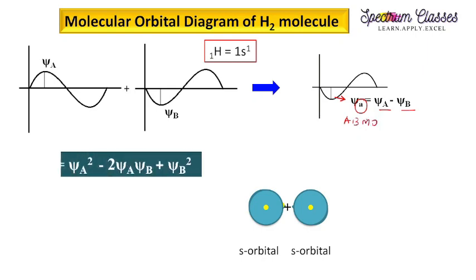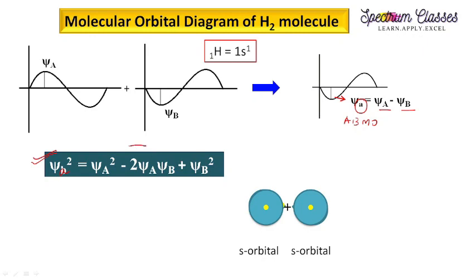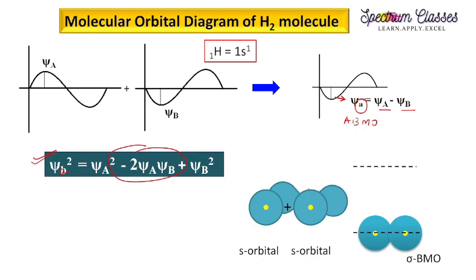So here you can see, if we see the probability density of electrons, then psi square is equal to psi A square minus 2 psi A psi B plus psi B square, meaning the resultant wave is lesser with this term. Now I will show you the formation. This is constructive interference which we discussed in the previous slide, and here we are having the destructive interference where antibonding molecular orbitals are formed.